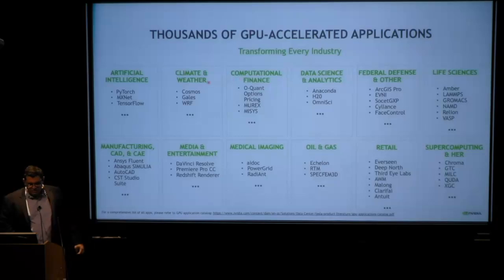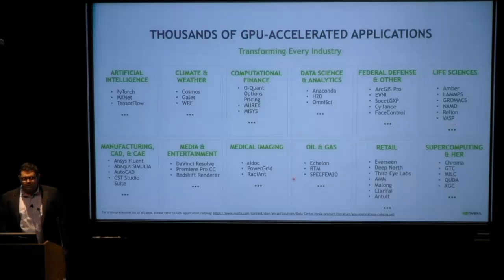For example, artificial intelligence, using PyTorch or TensorFlow, for those that like to use those libraries, like myself. Climate and weather, computational finance. For example, even the life sciences, these are a lot of molecular dynamics codes or DFT codes for density functional theory. NVIDIA accelerates it all.